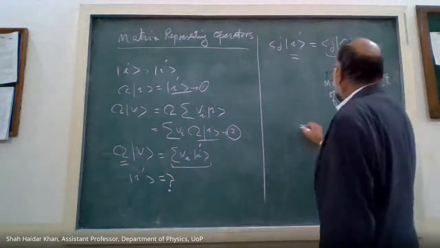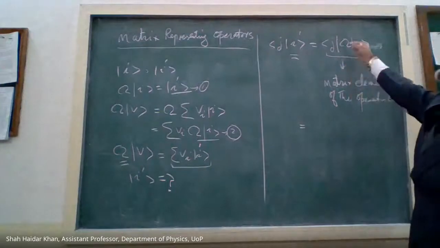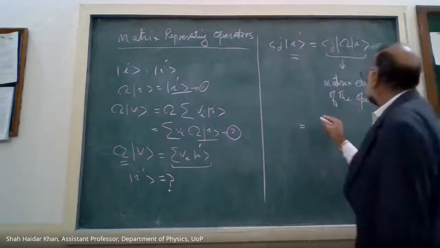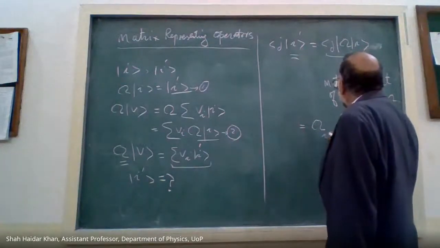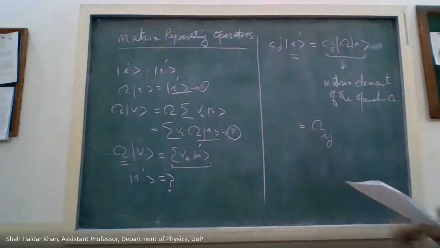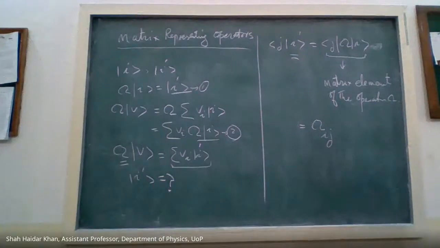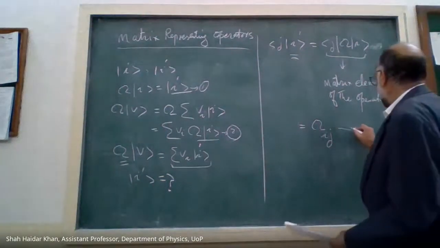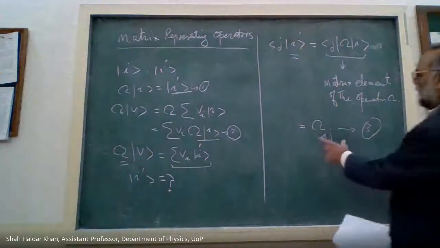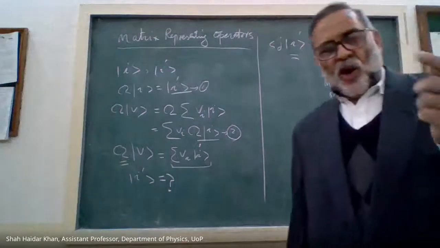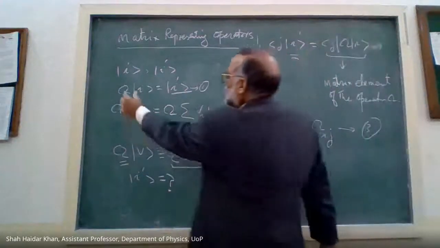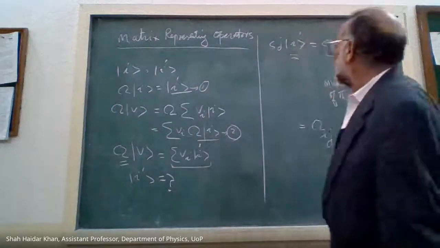And we will represent this kind of product, the scalar product, by omega I and j. This is the matrix element of the matrix which represents the operator omega, the subsequent operator, right?